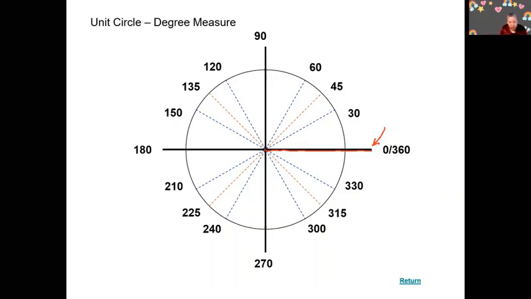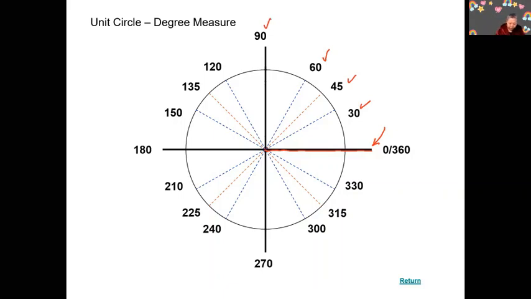So then from there, starting, you can go 30, and then it's exactly half up to 90 will be 45, and 15 more to 60, and this position is obviously 90.